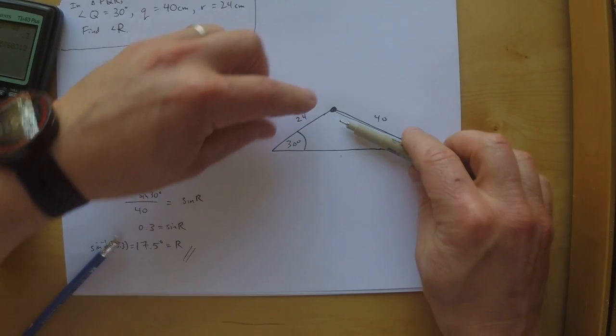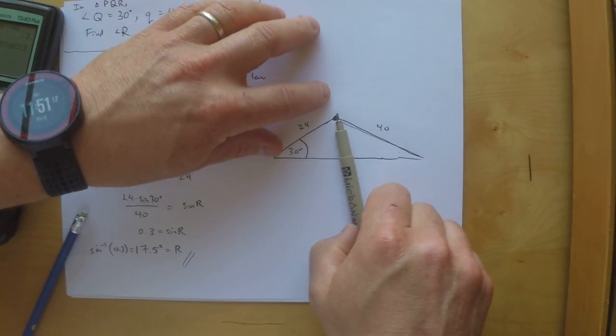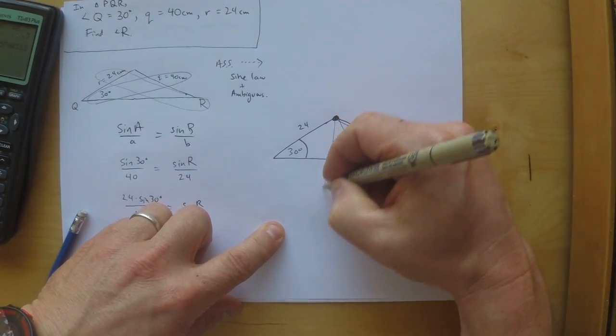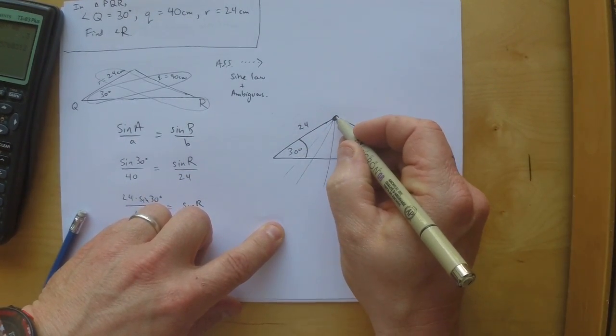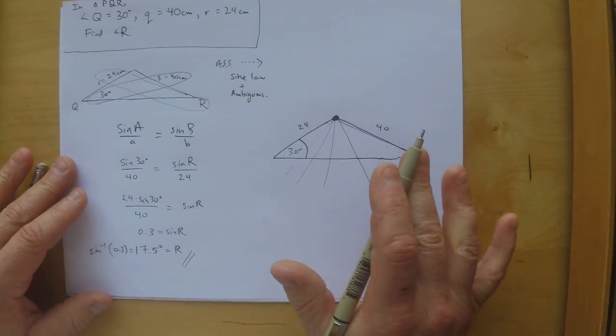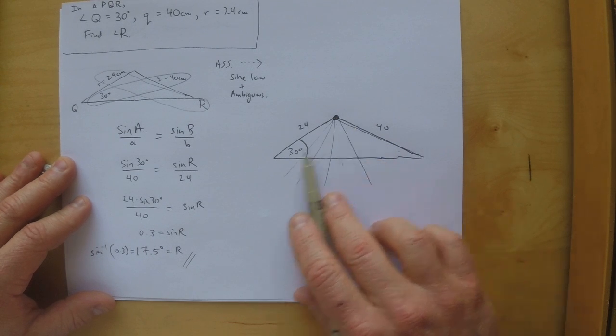So if I were to hinge this around, do you agree the 40 would always be sticking past? 40 would be too far, too far, too far. It would even become too far over here. So I know this only has one answer because this 40 does not have the possibility of spinning around.